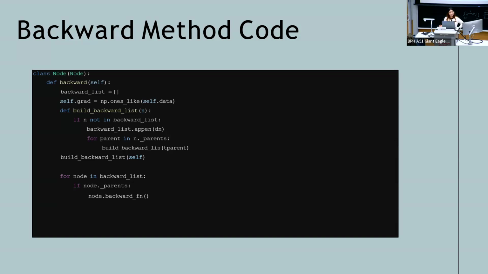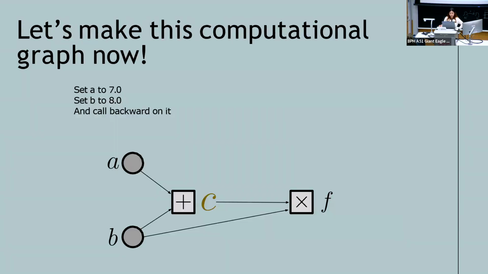And if it is not, then we will add this node to the backward list. And then we will recursively call this function on all of its parents. And finally, we'll call build_backward_list to build the list. And after we get it, we will iterate over every node in this backward list, coming from F, C, A, B in this topological order. And then if the node has parents, we will call the backward function to calculate gradients. So that is how the backward function works.